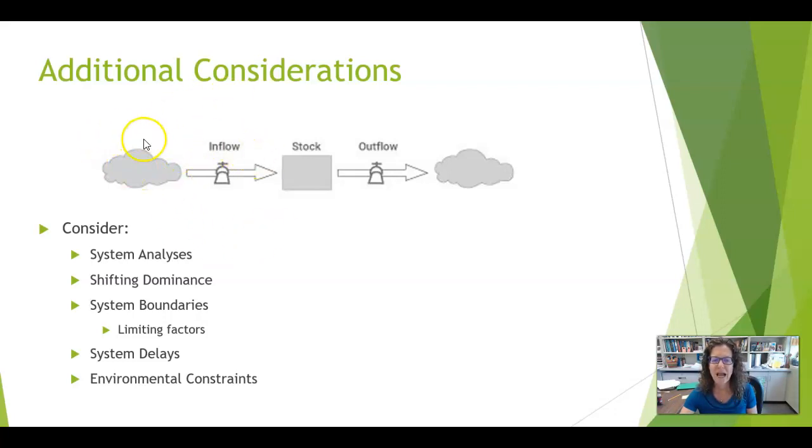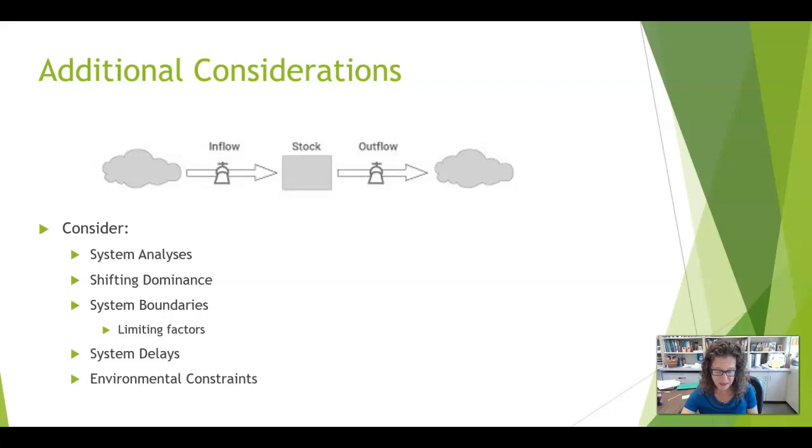So this is happening outside of our depiction of the population size system, but we can't ignore those factors that happen outside the system and might influence how the feedback loops in our system operate.